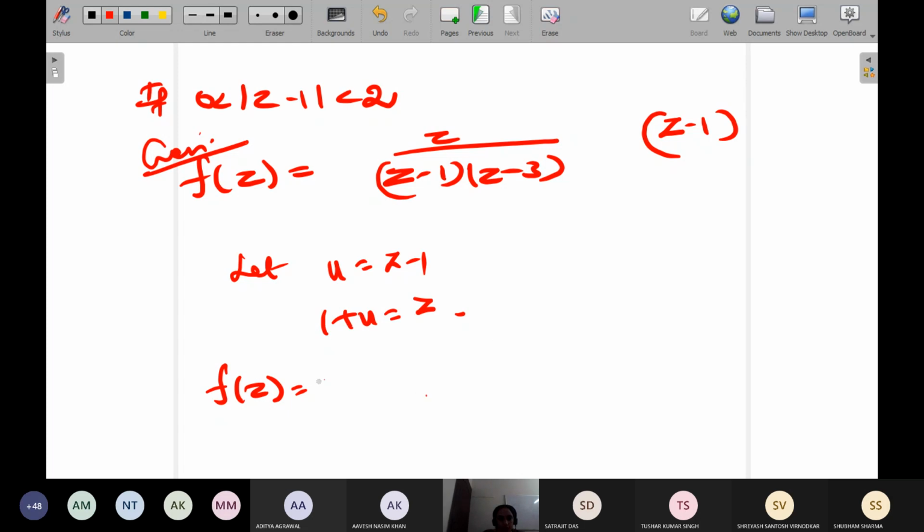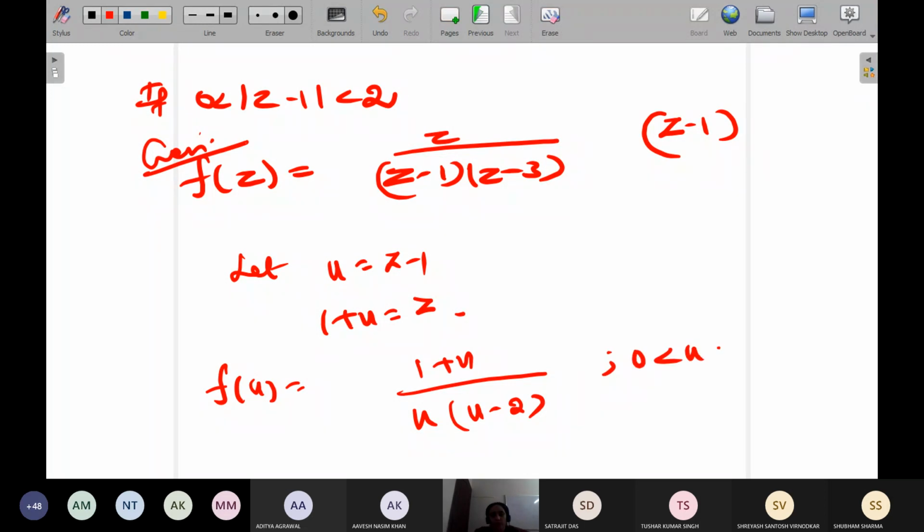Your f of z will change to f of u actually. You can split this into partial fractions.